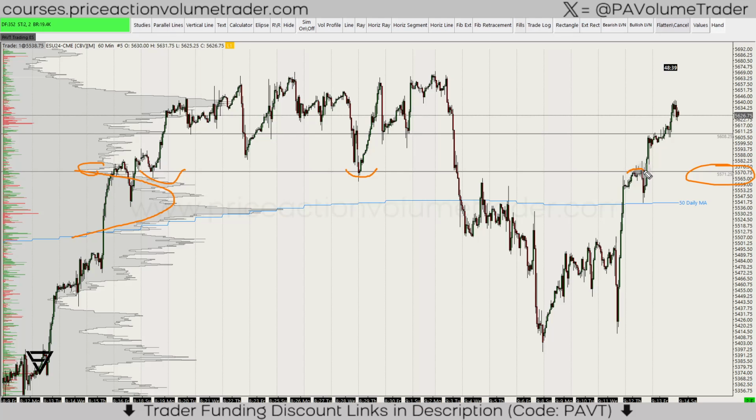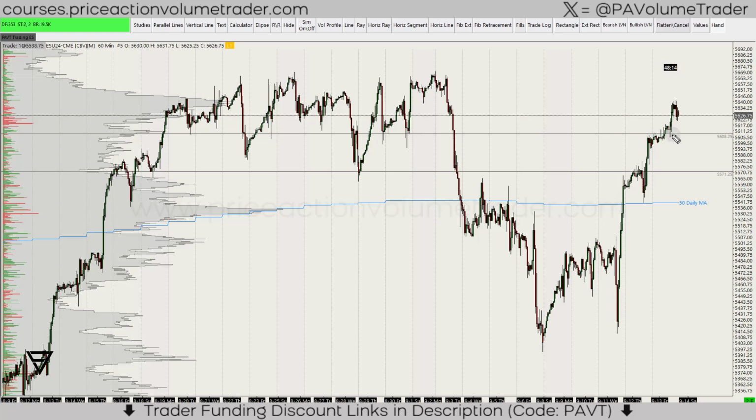And now you can see it's been giving resistance for many hours throughout the Europe session overnight, and then into the New York Open, before there were some economic news releases, and then we had the push up. You can also notice we had the 50 moving average around that area as well.